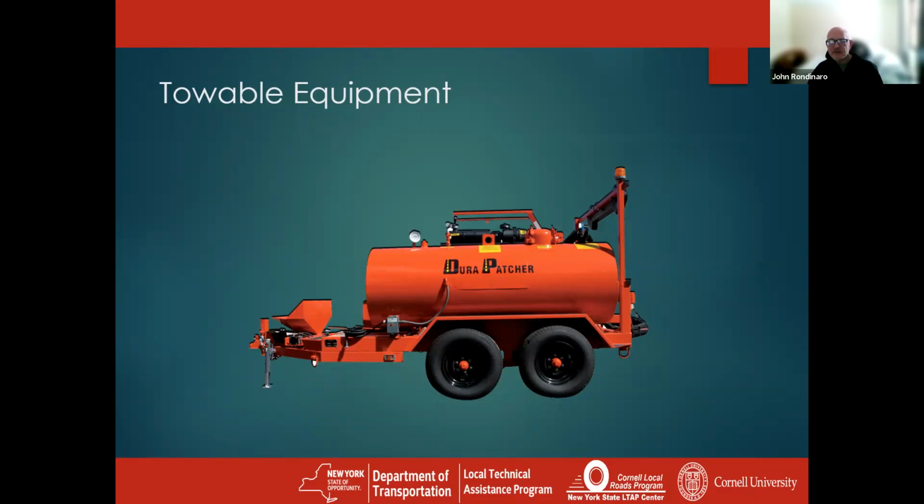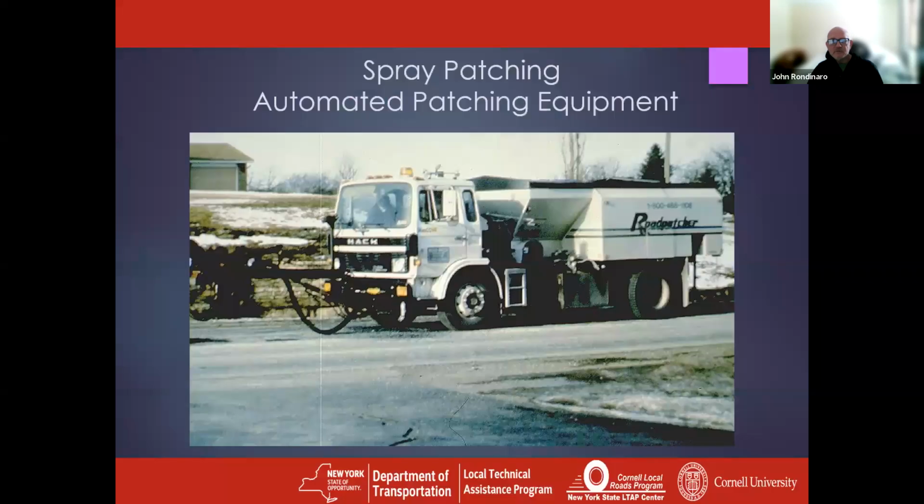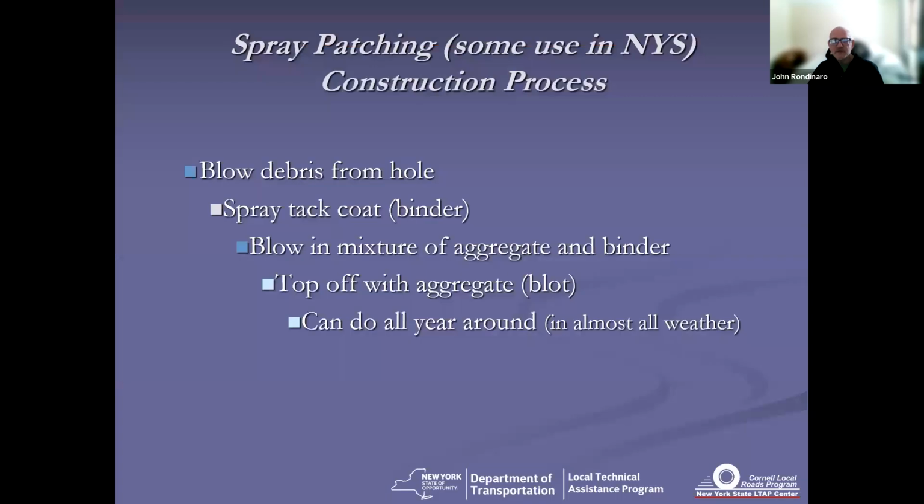A lot of times you see towable equipment like this. It's a self-contained unit. But you might see an automated rig like this become more common with the contractors that are doing this work. Key here is it's a self-contained unit. You're blowing the debris from the hole. You're going to be spraying in tack coat from the same unit.